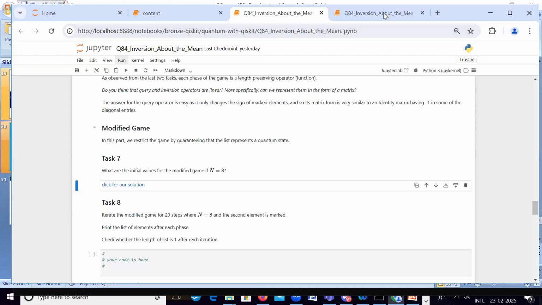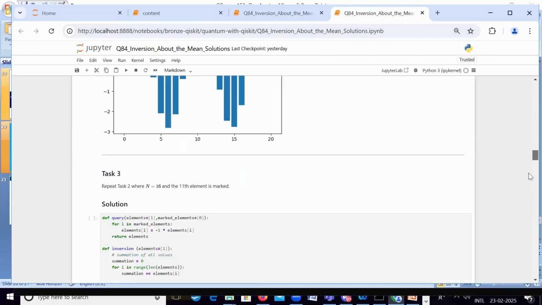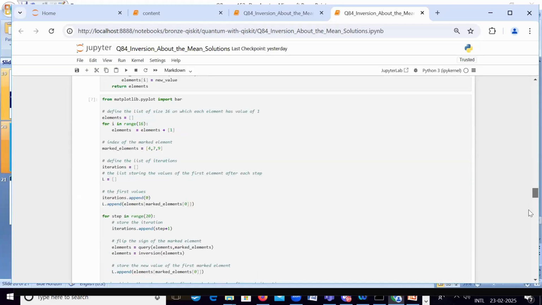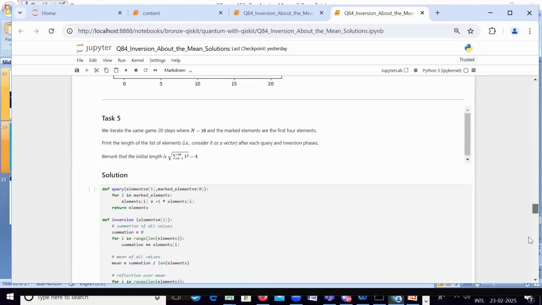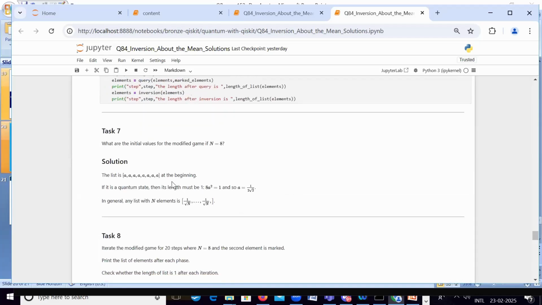This is the task 7. Now here, the solution list is in the quantum state, a set of the vector at the beginning.